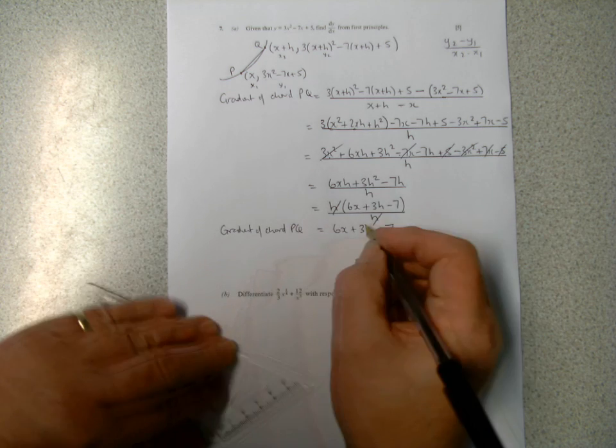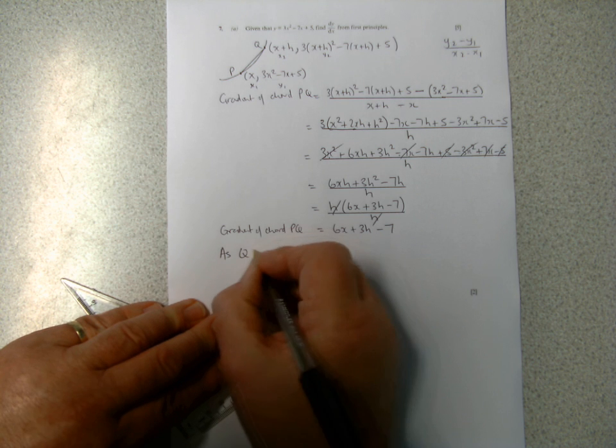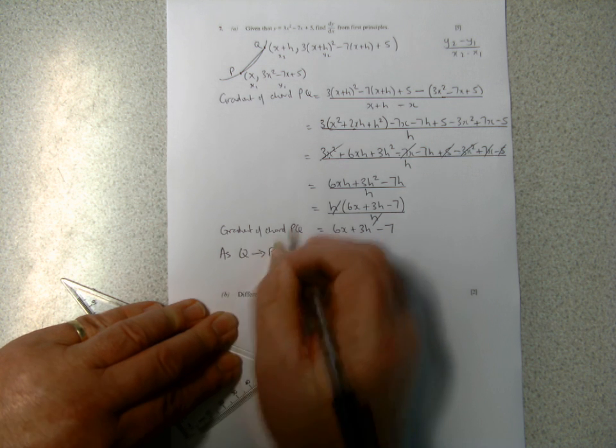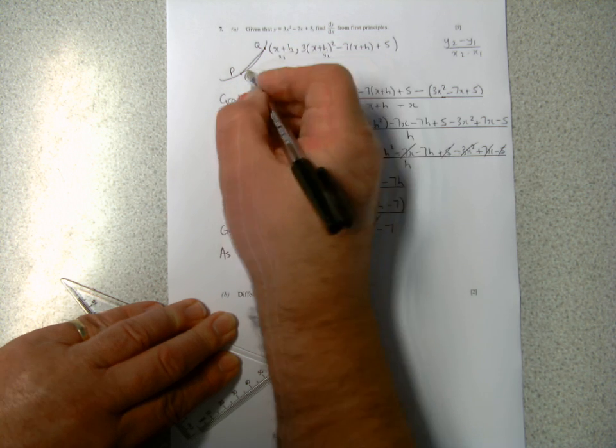Now then, we now use limits as Q tends to P. As that point tends to that point, that h will tend to 0.